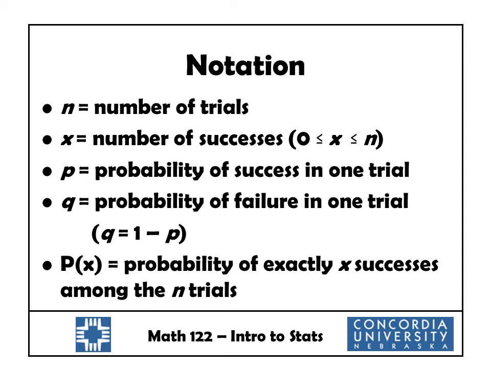Now once we know P, we can easily calculate Q by simply 1 minus P equals Q. And then capital P of x is the probability of exactly x successes among the n trials. We saw this notation P of x in last section. Here P of x has a similar but slightly different meaning.